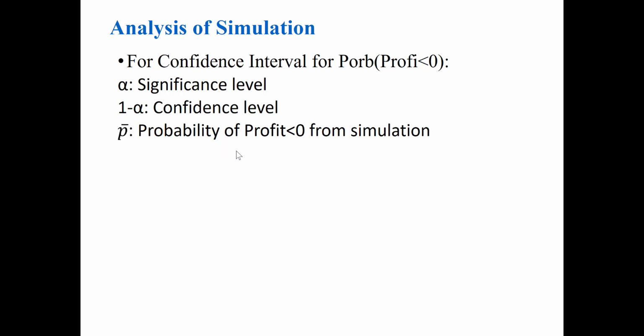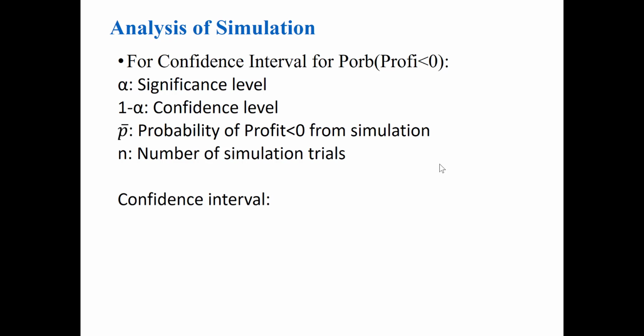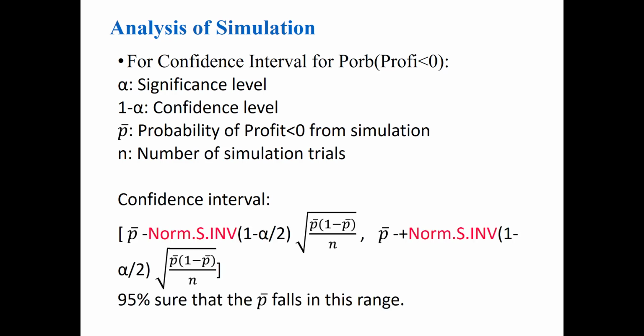The way that we compute it is to count how many of the trials are negative divided by the number of the trials. That represents the p bar. Also we compute the n, which is the number of the trials, and here we have a similar equation. For example, we have the p bar, which is equal to the mean of this.